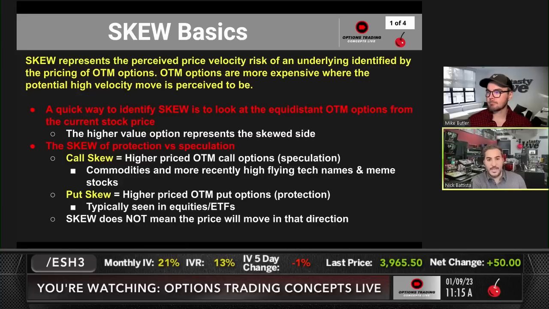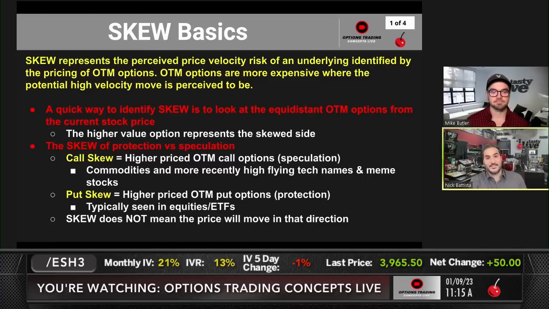Typically, in an underlying like an ETF or a stock, you'll see put skew. The old adage of escalator up, elevator down is priced into the options, where put options trade more expensive further out of the money relative to call options, just because the velocity of risk is perceived to be to the downside.